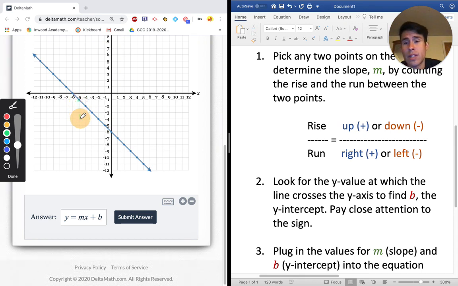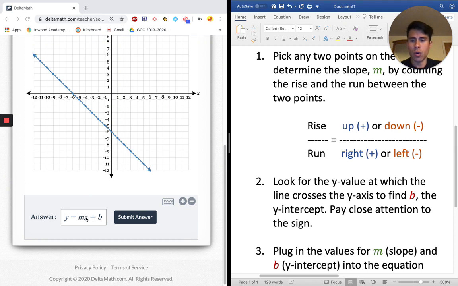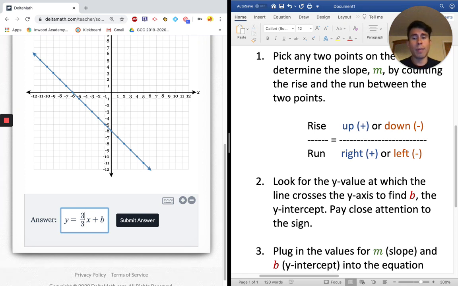That's a -3 at the top, and 1, 2, 3 to the right. And to the right is positive. So 3 down, -3, over 3 to the right, +3. So I'm going to go over to my m, take it out of here, and write 3 over 3. But remember, I went down, so this is a -3.